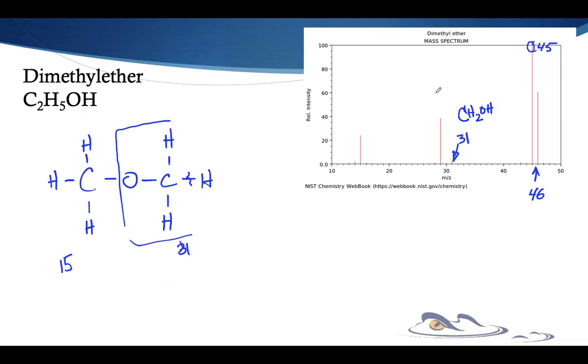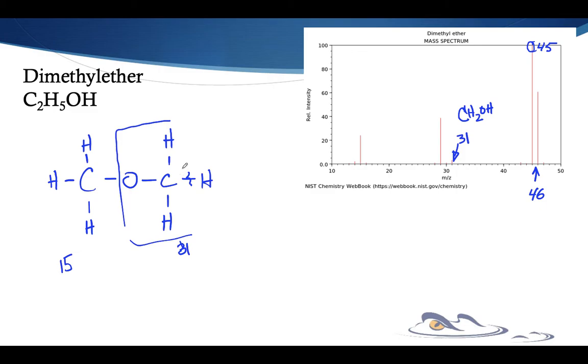When it's not an alcohol, I tend not to get that big piece. Could it make a fragment of 31? Yes, it could, but obviously, this is not the piece that gets the charge most of the time, is it? Remember, when they break up, one of the pieces takes the charge.